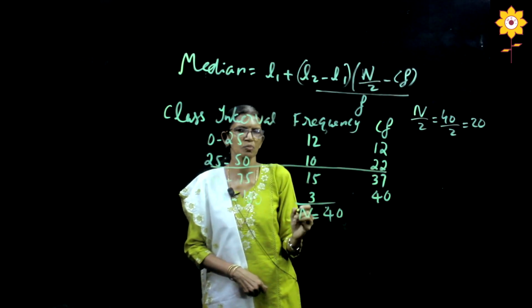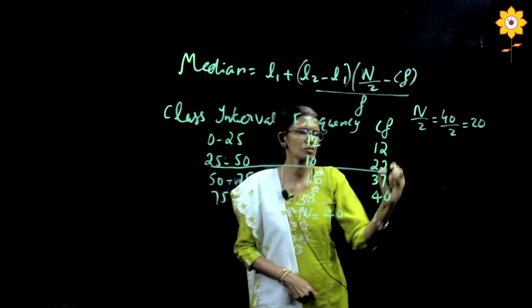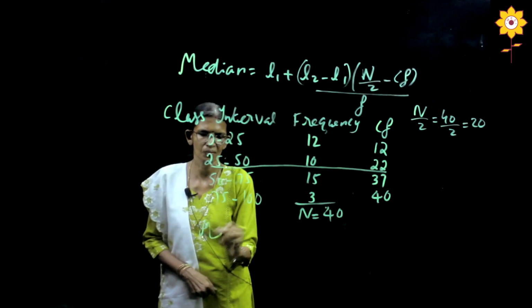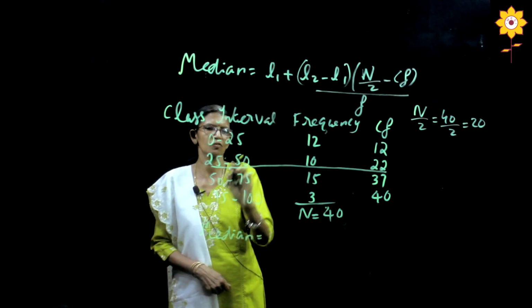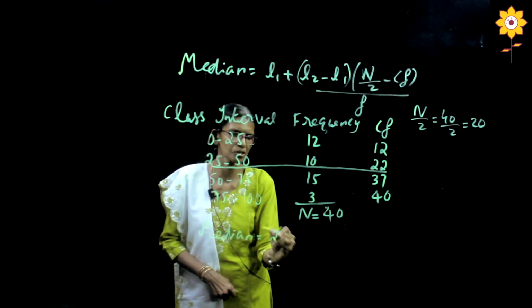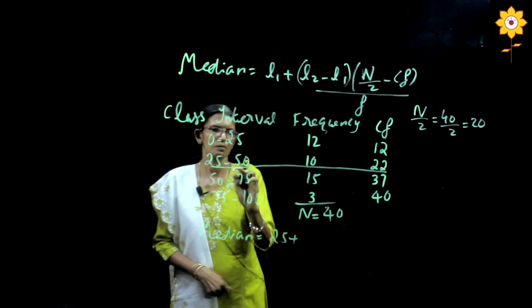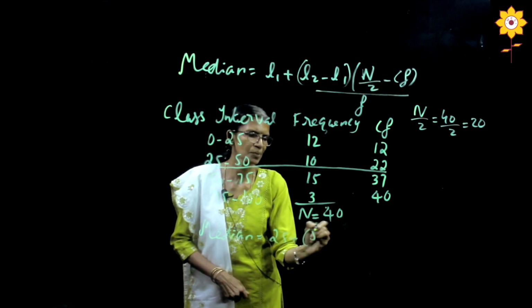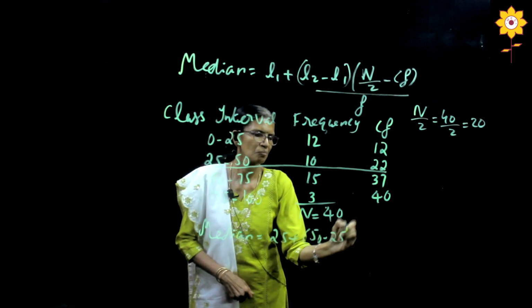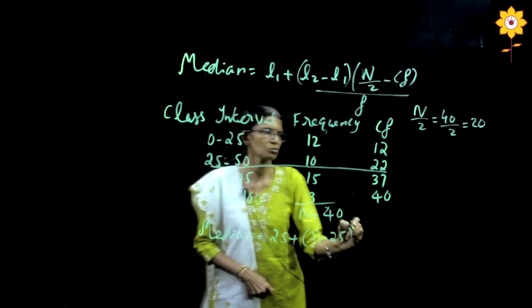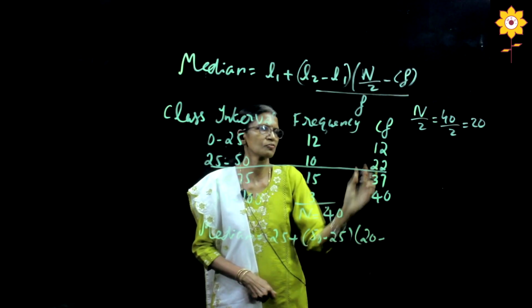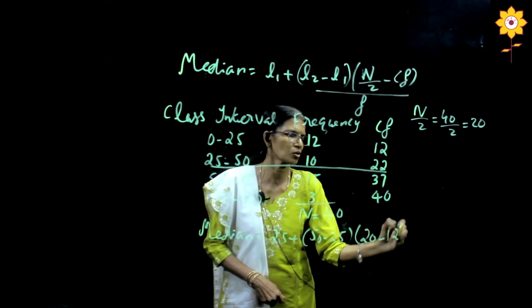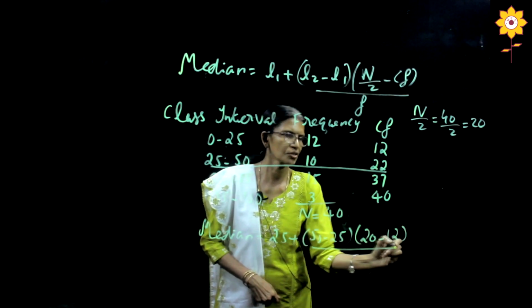Then we can use the formula for median. Median is equal to L1. L1 is the lower limit of median class, that is 25, plus L2 is the upper limit of median class, that is 50 minus 25 into n by 2 is 20 minus cumulative frequency of the previous class is 12 divided by frequency.